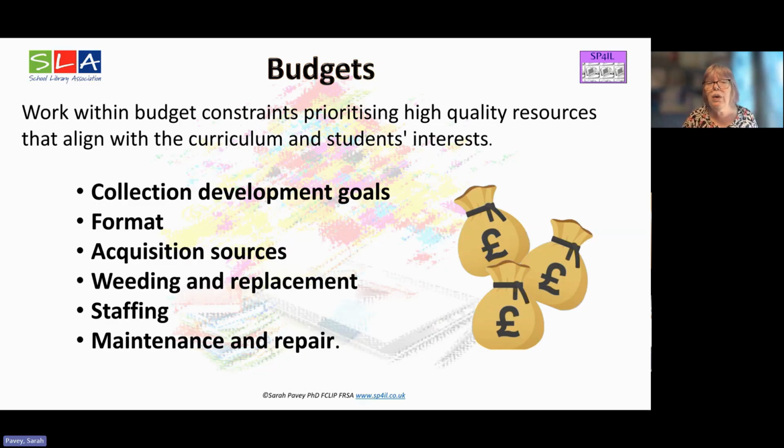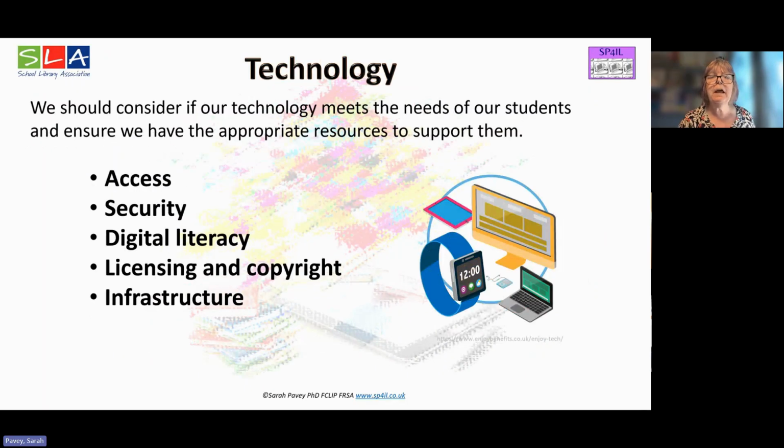And then there's the whole issue of how we maintain what we've got, things that perhaps we don't want to replace or we can't replace, but need repairing as well. And all of that, things like actually putting labels on things, adding it to catalogues, all of that needs time and it needs money, unfortunately. So we've got to think about all of that in our policy.